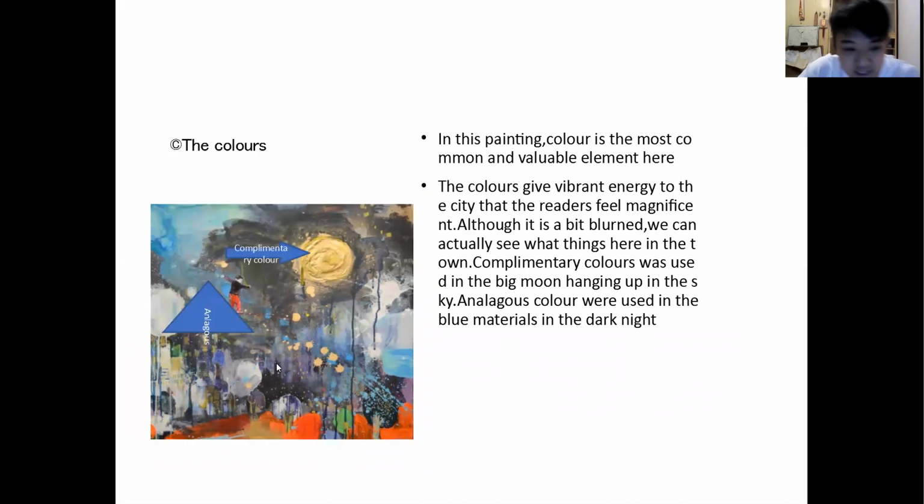world. The color is indispensable to describe because it uses many colors to describe this painting. And the moon, the complementary color was used in the moon, making it feel definitely magnificent. Although it's a bit buried, we can see what is actually in the town.